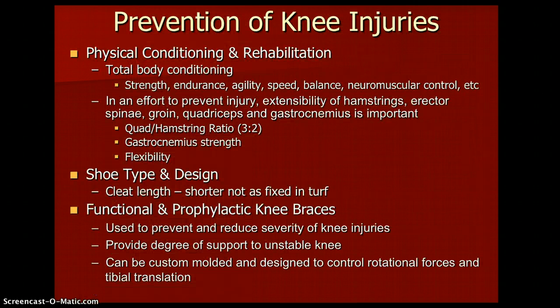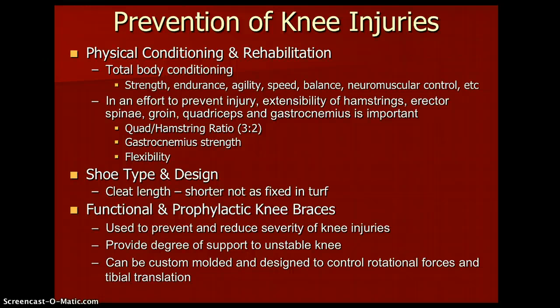In this next slide, we're looking at the different ways to prevent knee injuries, and according to your book, here's several ways of doing that. One is physical conditioning and rehabilitation, and as we move on to the other slides, you'll see that there's some prevention programs. One of the other things that isn't noted on here is the attention that the glute muscles are receiving.